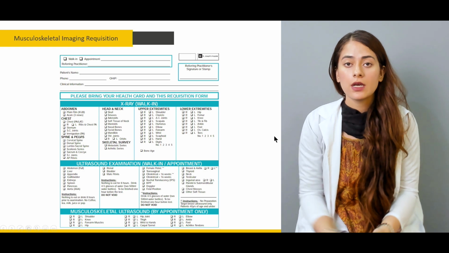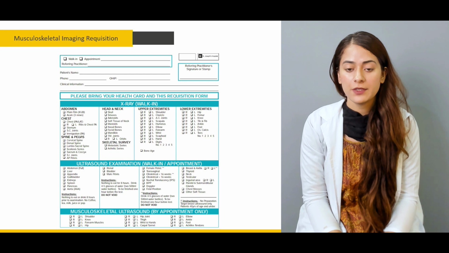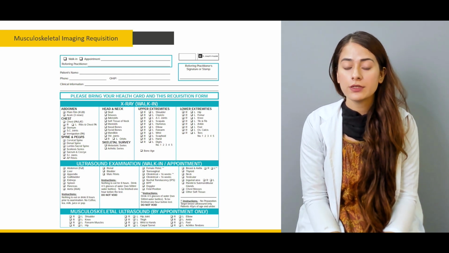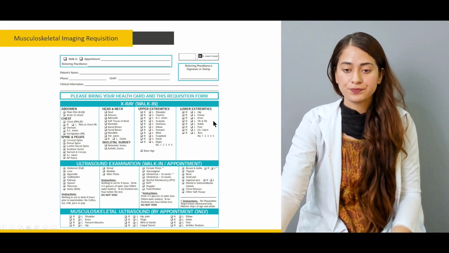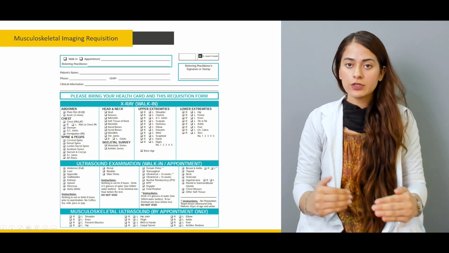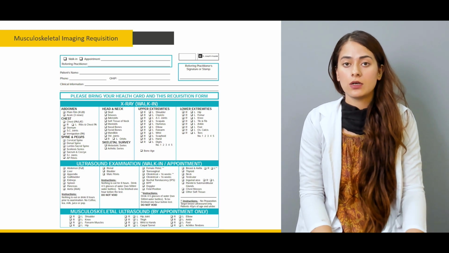X-rays, you can demand an X-ray when you walk into the X-ray department. Depending on the different body parts, there are different views of X-rays.